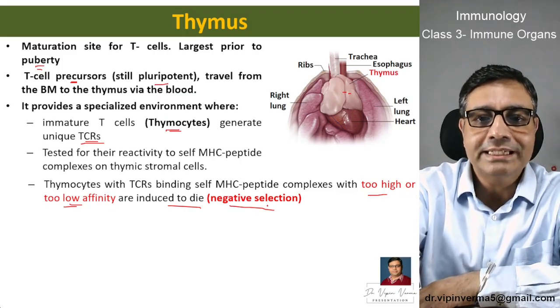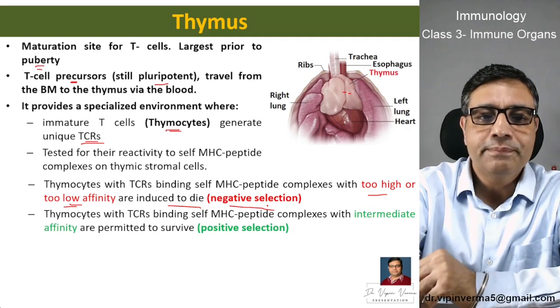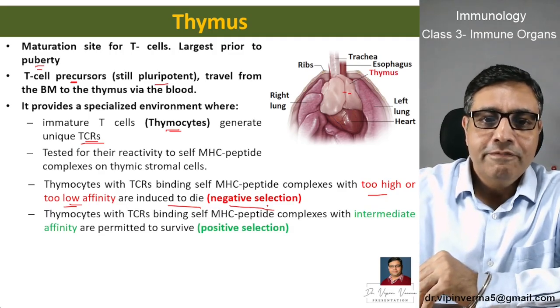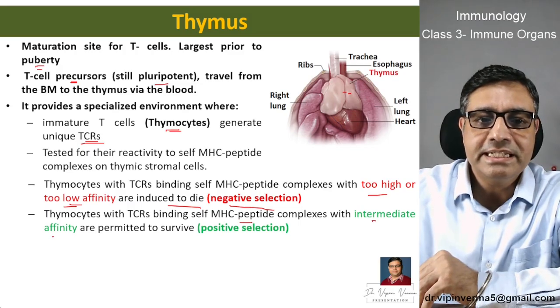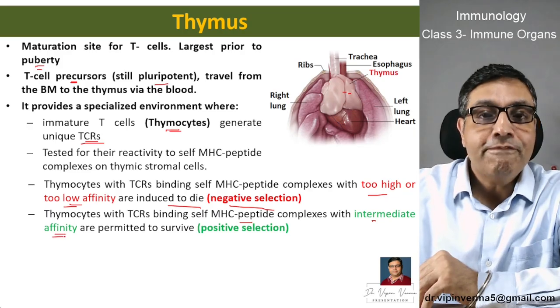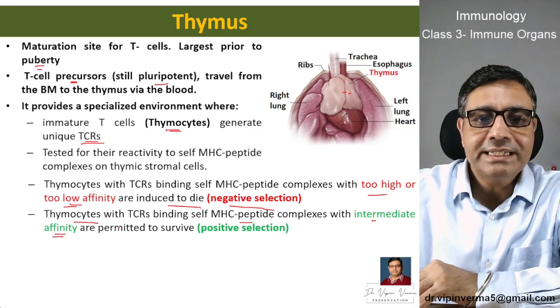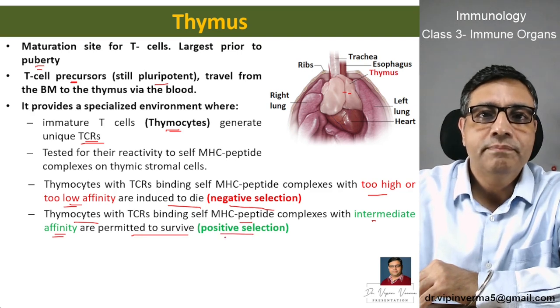That's why this selection is known as negative selection. Whereas if TCRs binding self MHC peptide complexes with intermediate affinity are found, then these thymocytes are permitted to survive, and this is known as positive selection.